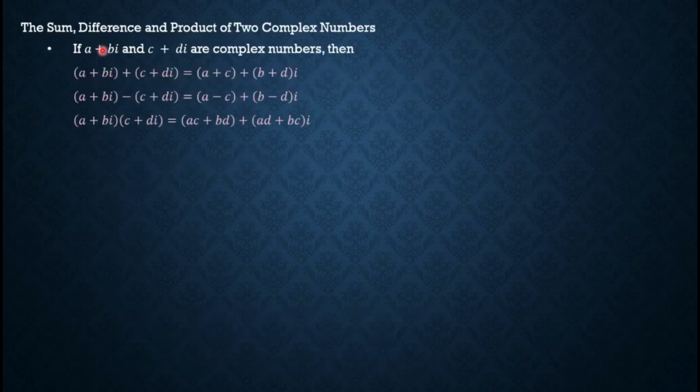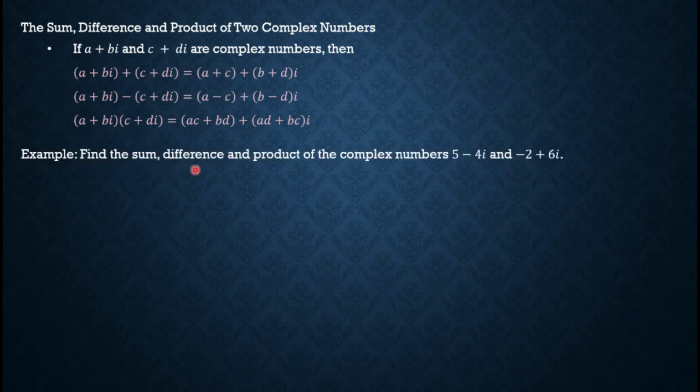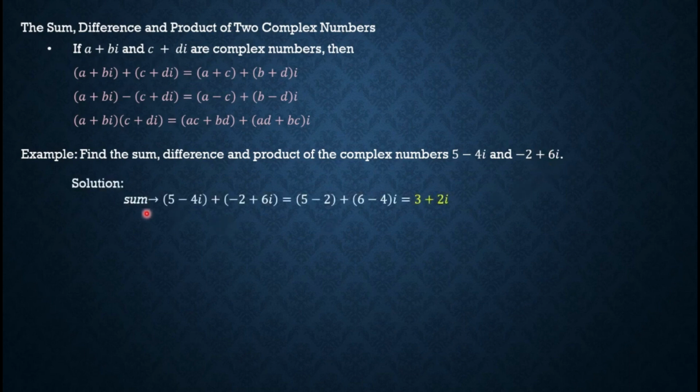Let's talk about the sum, the difference, and the product of two complex numbers. So, example, find the sum, difference, and product of the complex numbers 5 minus 4i and negative 2 plus 6i. So, solution. This is the sum: 5 minus 4i plus quantity of negative 2 plus 6i is equal to 5 minus 2 plus quantity of 6 minus 4i, which is 3 plus 2i.